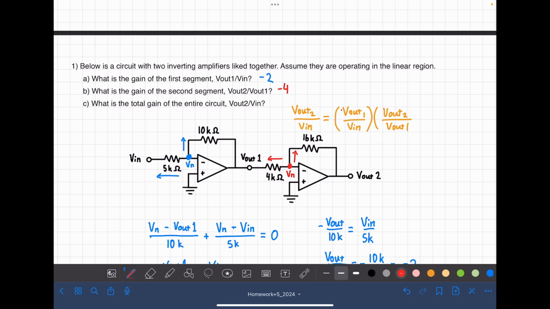So you can see these cancel right here, and we end up with the same thing. So if we plug in our numbers, that would be negative 2 times negative 4. So our overall gain is 8. Alrighty, let's go on to the next one.